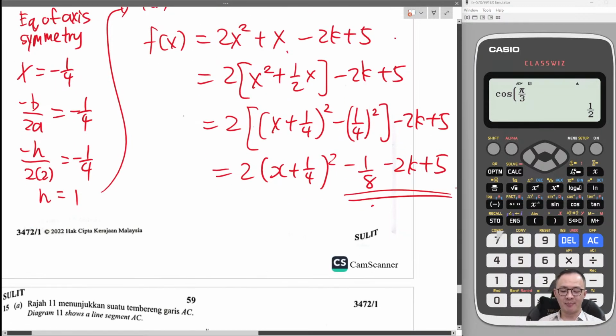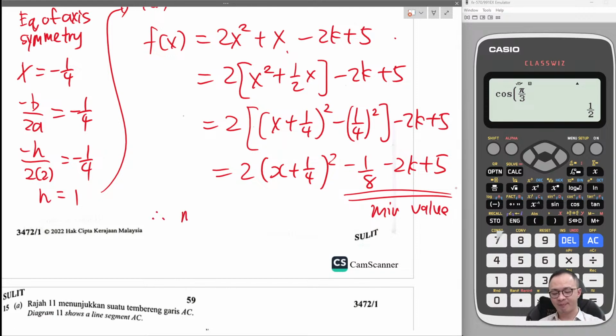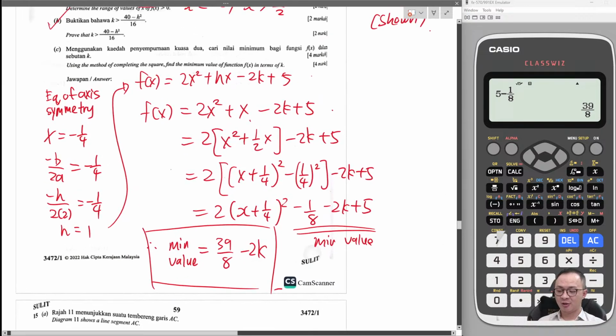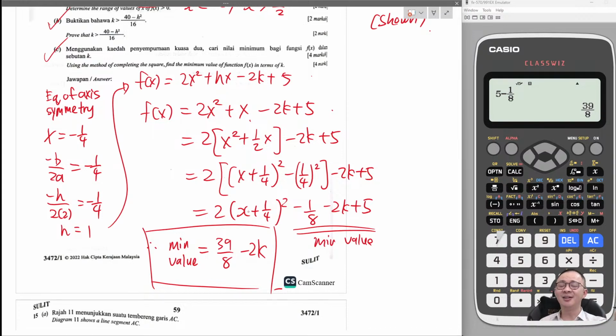So this one will be the minimum value. Therefore, minimum value equals 5 minus 1/8 first, 39/8 minus 2k. This is the minimum value in terms of k they are looking for. Okay, not very hard. Depending on whether you want to find h first or later, I think both are totally fine. But you need to find it eventually. So remember this formula, it's important.